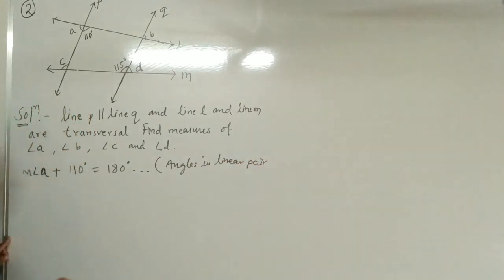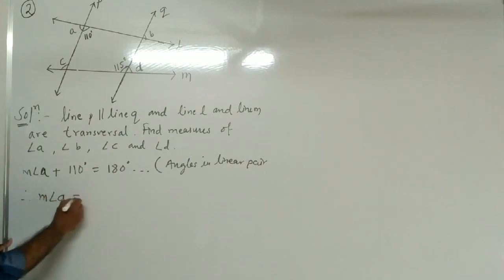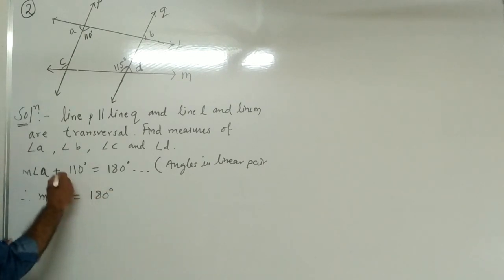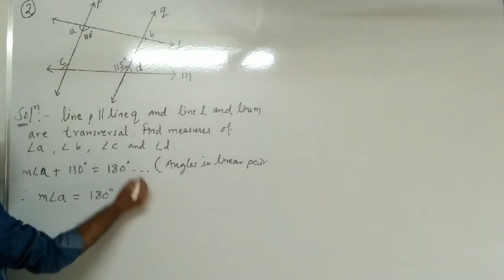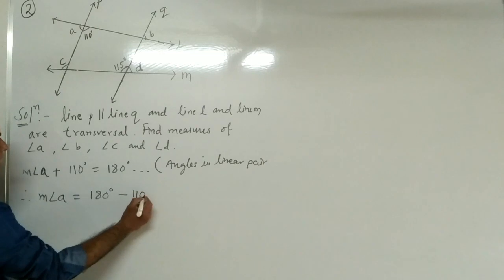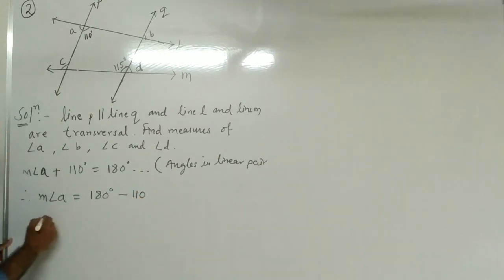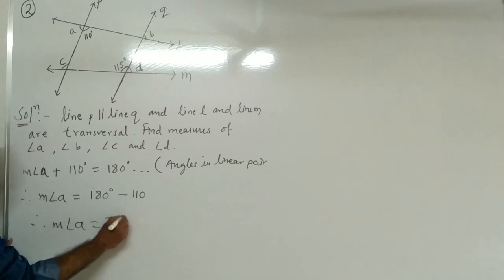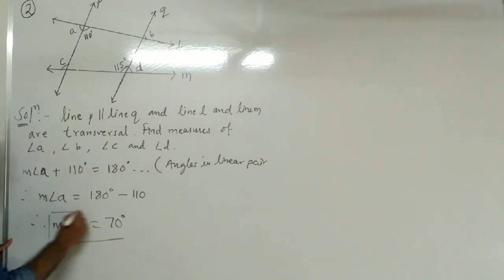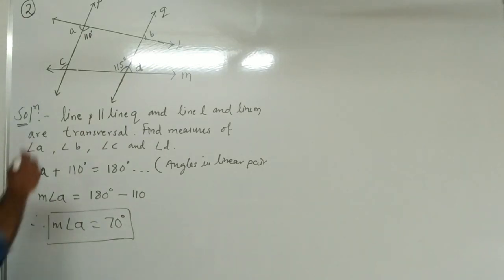The sum of the measures of angles in the linear pair is 180 degrees. Therefore, measure angle A is equal to 180 minus 110. Therefore, measure angle A is equal to 70 degrees. 180 minus 110 is 70 degrees. So angle A is 70 degrees.